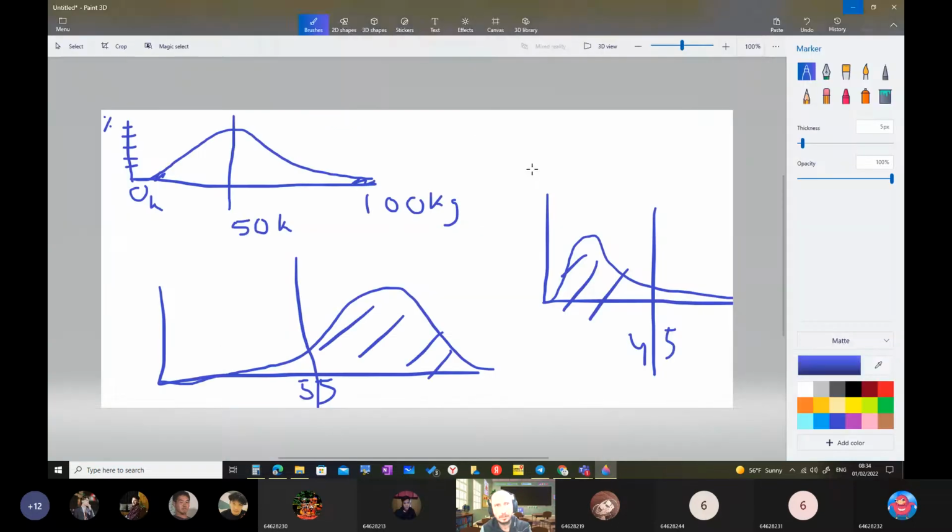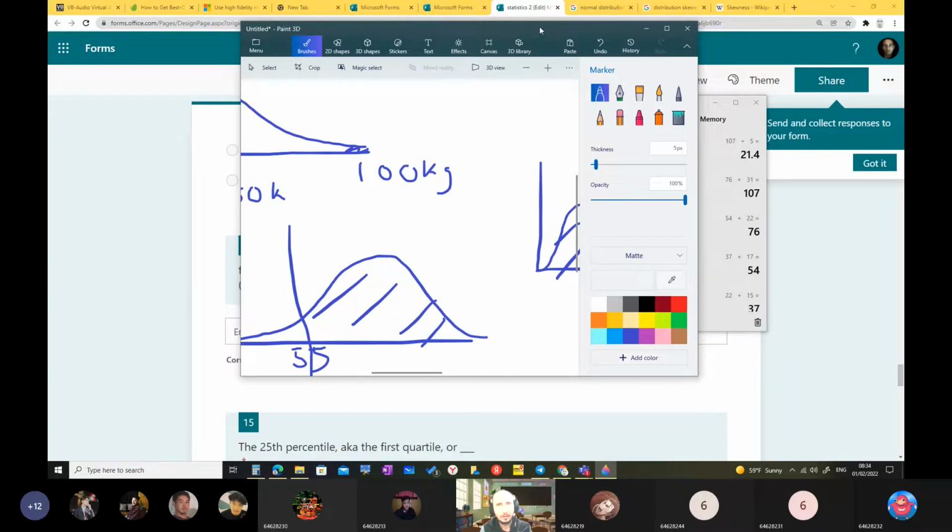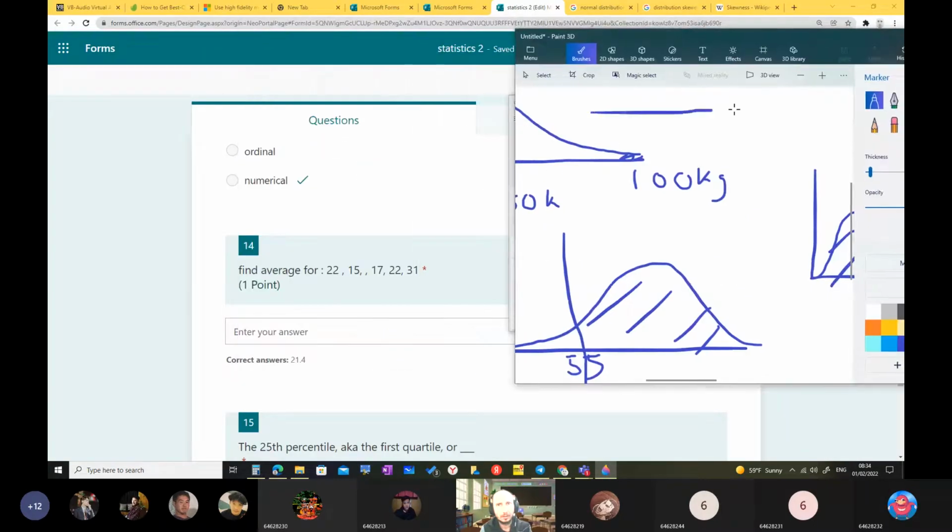On the other hand, let's look at this. We can put these numbers on a line, right? So first goes 15, 17, 22, but it's 2 times, right? 31, right? So from 15 to 31.